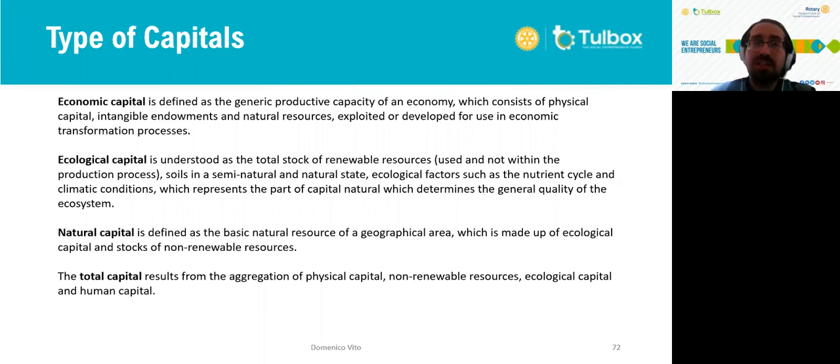And in general, if we sum all this capital, we obtain in our system, in our context, a total capital. That is the sum, basically, of the availability of economical, ecological, and natural capital.